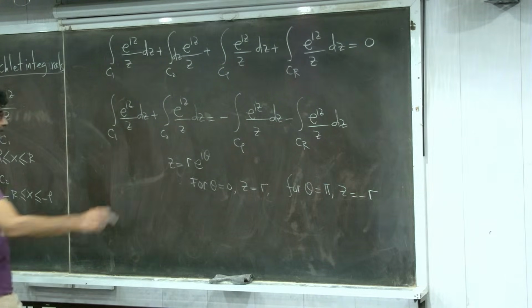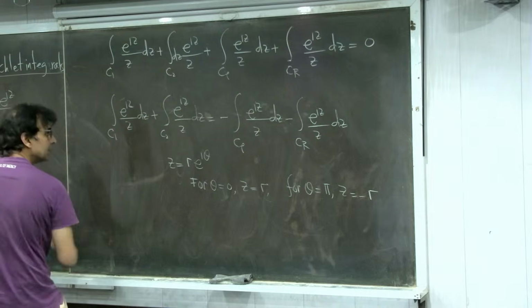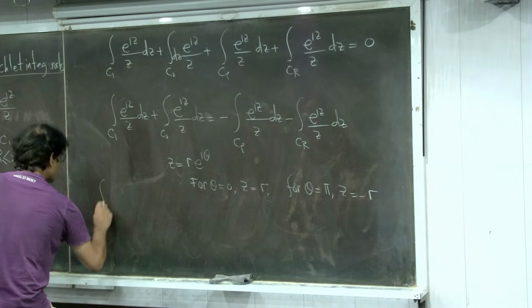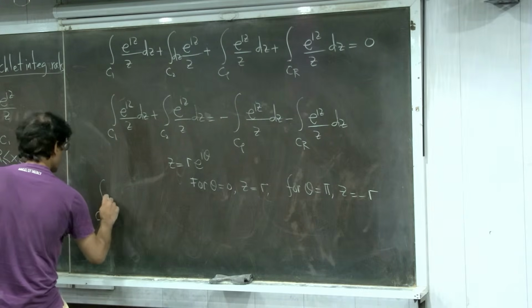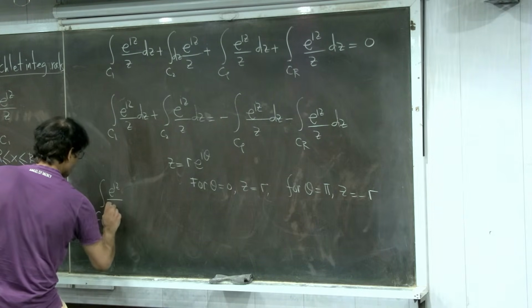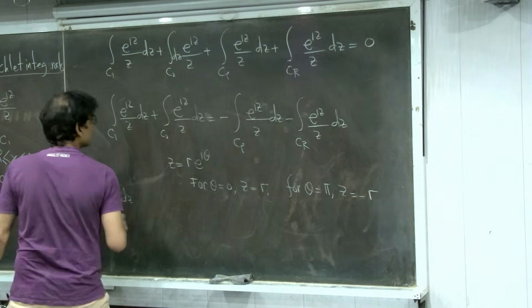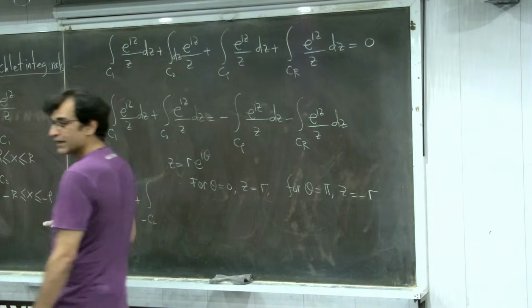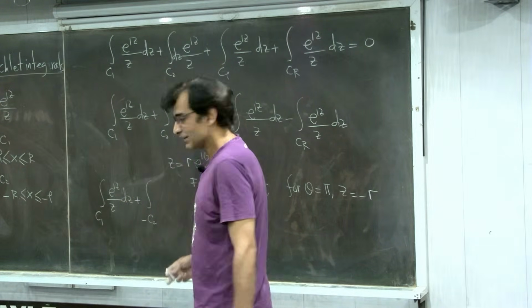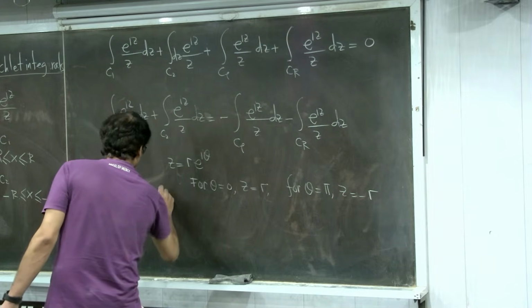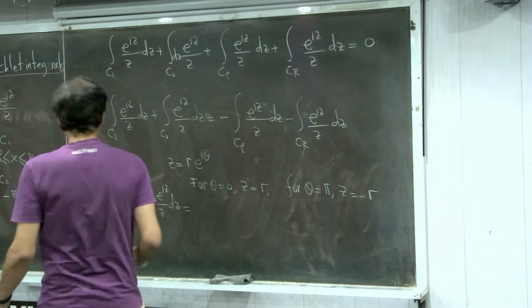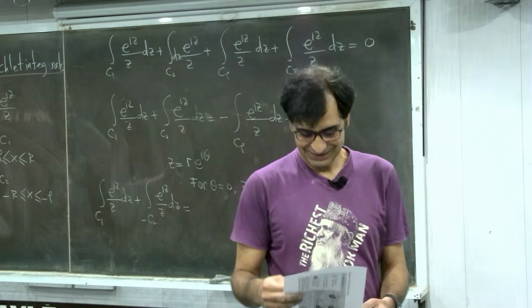So it means I can then write this integral as, let me solve this left hand side: the integral over C1 of e to the power iota z over z dz, plus the integral over minus C2, why have I written minus C2? Because I am on the other side. So e to the iota z over z dz. What is the answer of this one? You know the answer?